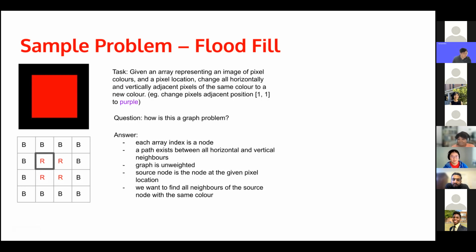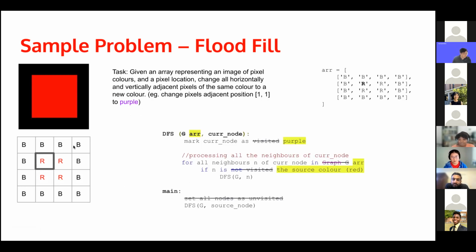Okay, awesome, cool. So let's work on getting this in code. If I have my array in code, it would look just like this. I'll just have a bunch of B's and R's in a 2D array. And this is my pseudocode from before, but I've changed it to represent what my problem is asking. So instead of an abstract G of a graph, I'm going to pass in my array.